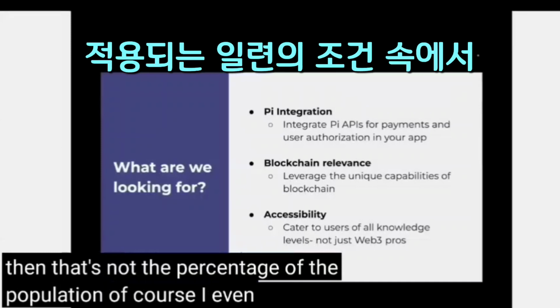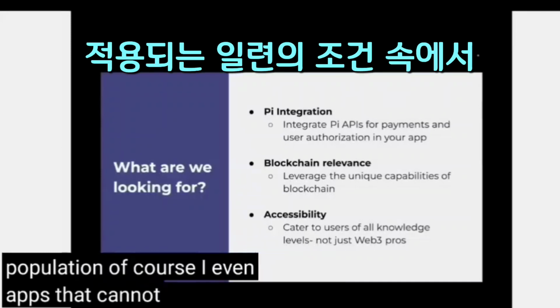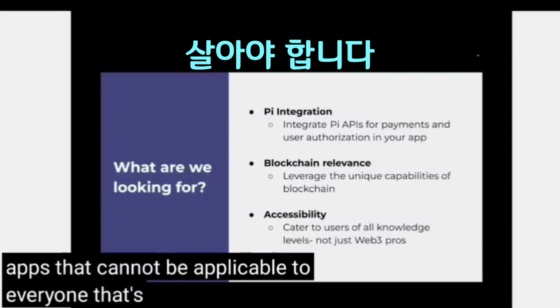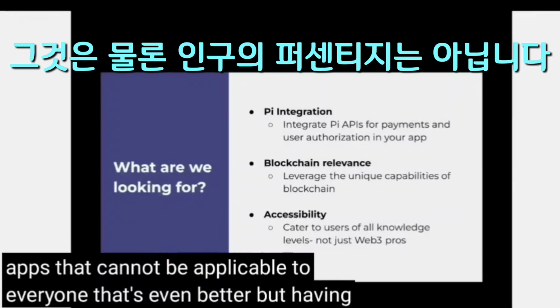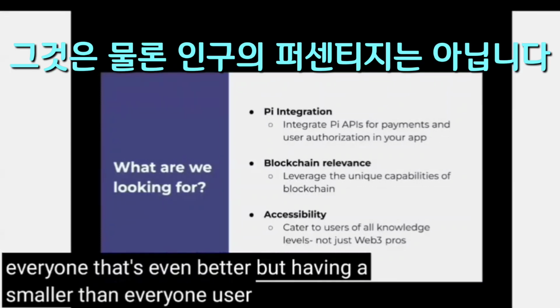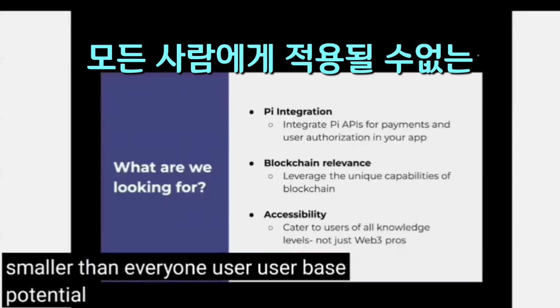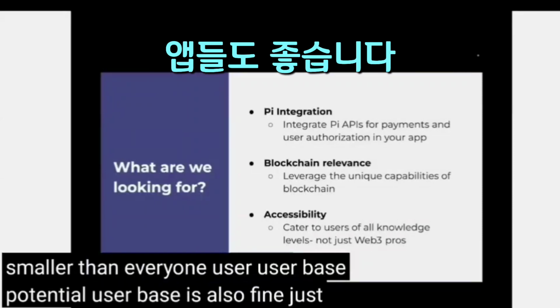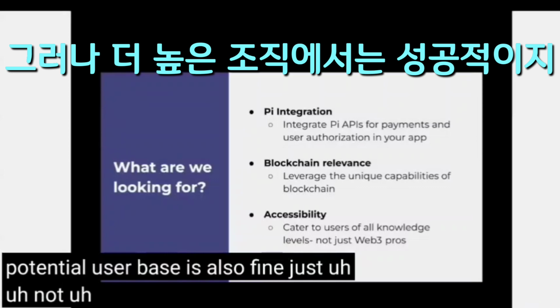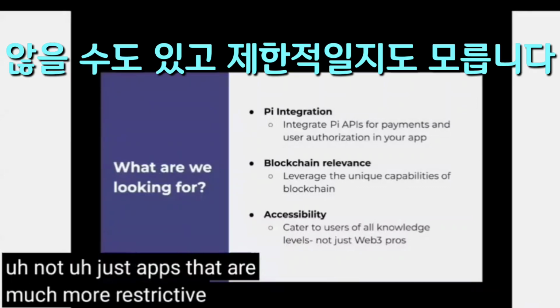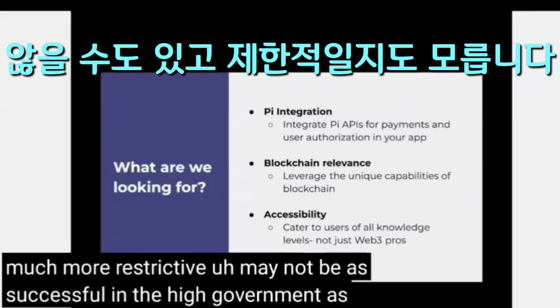Of course, apps that can be applicable to everyone are even better, but having a smaller than everyone potential user base is also fine. Just apps that are much more restrictive may not be as successful in the hackathon.